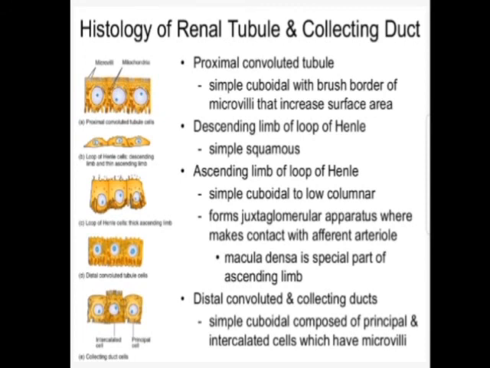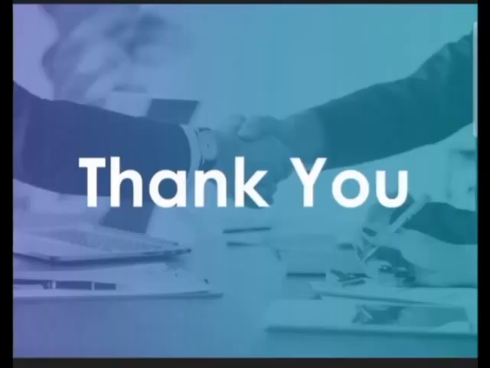Macula densa is the special part of the ascending limb. Then distal convoluted tubule and the collecting ducts: simple cuboidal, composed of principal and intercalated cells which have microvilli. So this is the microscopic structure or the histology of the renal tubule and collecting duct.